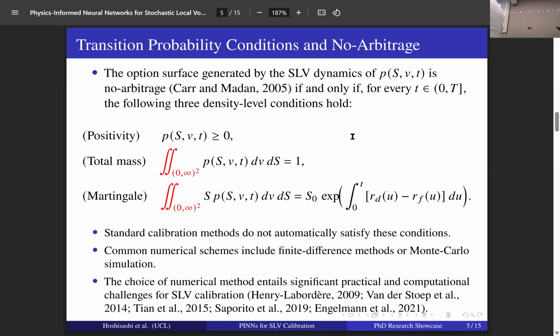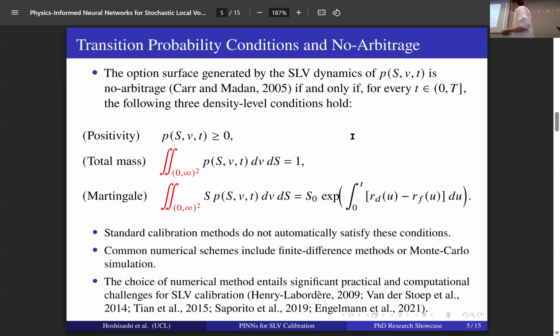Standard calibration methods do not automatically satisfy these conditions, of course, but usually researchers try to solve it by numerical schemes like FDM, the finite difference method, or the Monte Carlo method. But it's really a source of significant practical and computational challenges.